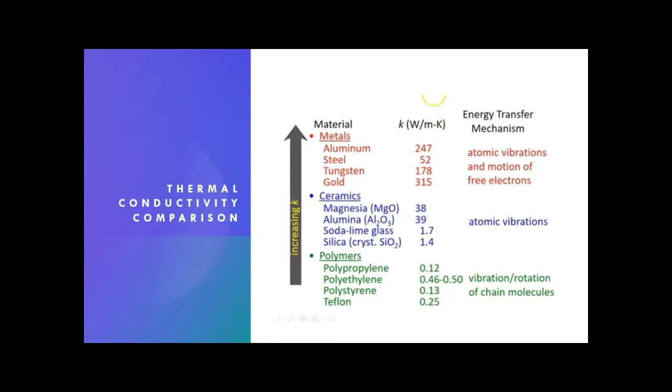For polymers, it is vibration and rotation of chain molecules. So the higher the thermal conductivity, the better it can transport heat from high to low temperature regions of a substance compared to ceramics or polymers.